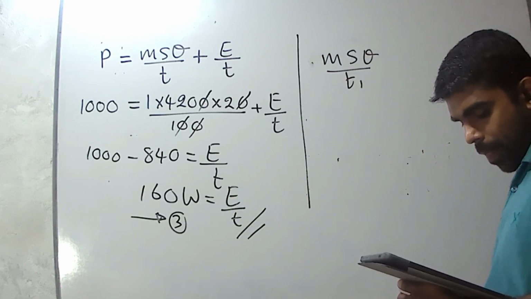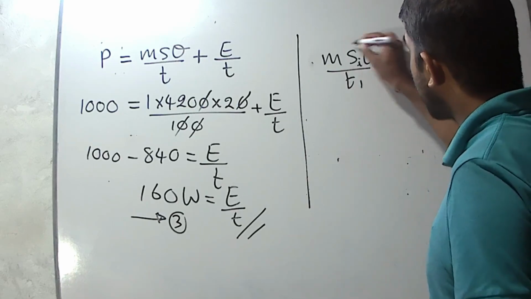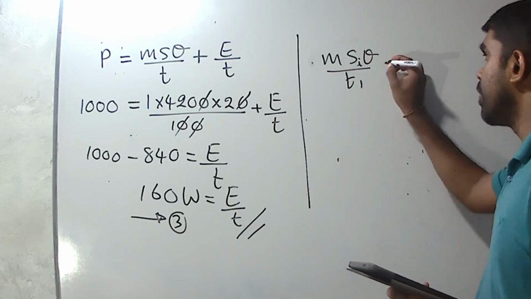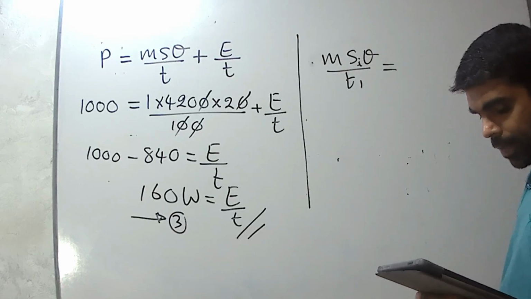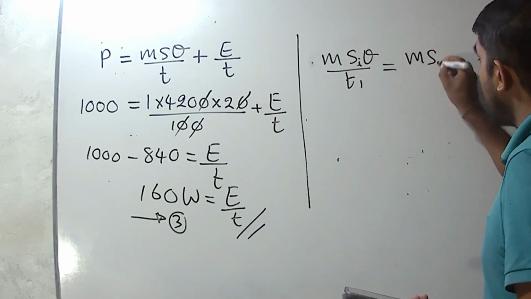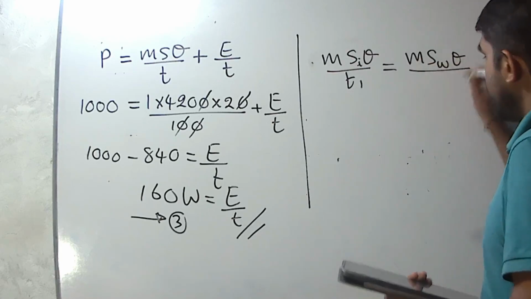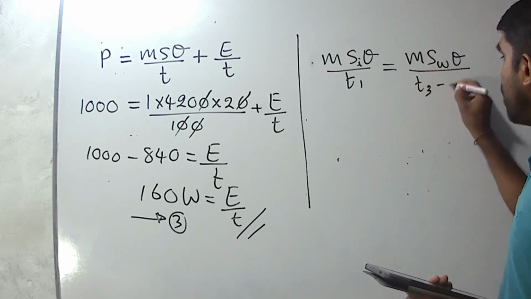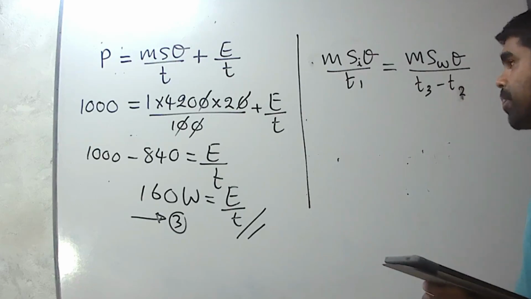In the given graph, this one should be the specific heat capacity of ice, so I will consider S I. There is the same heat supply rate, so we can equate it to the heat energy obtained by water, m s theta over the time interval T2 to T3, the time taken to increase the water temperature, T3 minus T2.